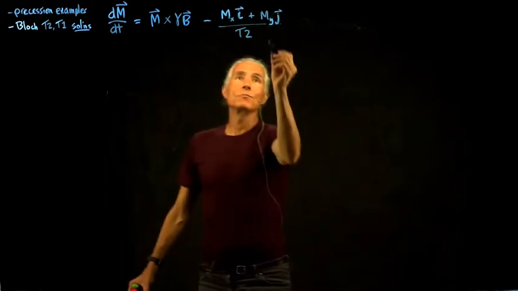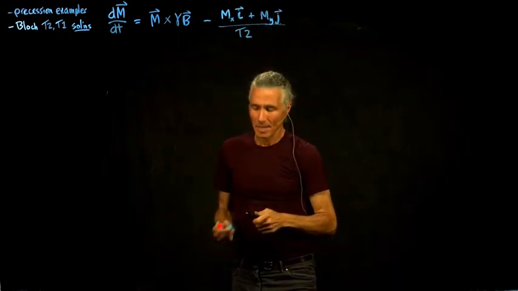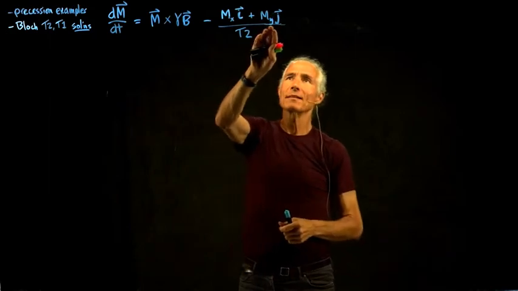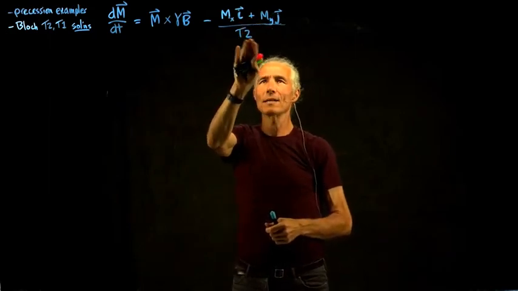So that's the T2 decay part. We have to understand several things here. There are two vectors added to each other, and there's a T2 in the denominator. Why is it in the denominator?